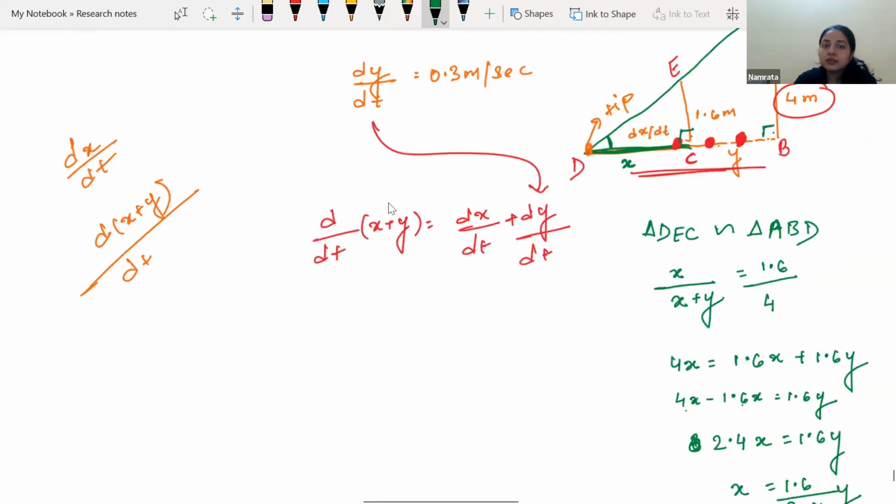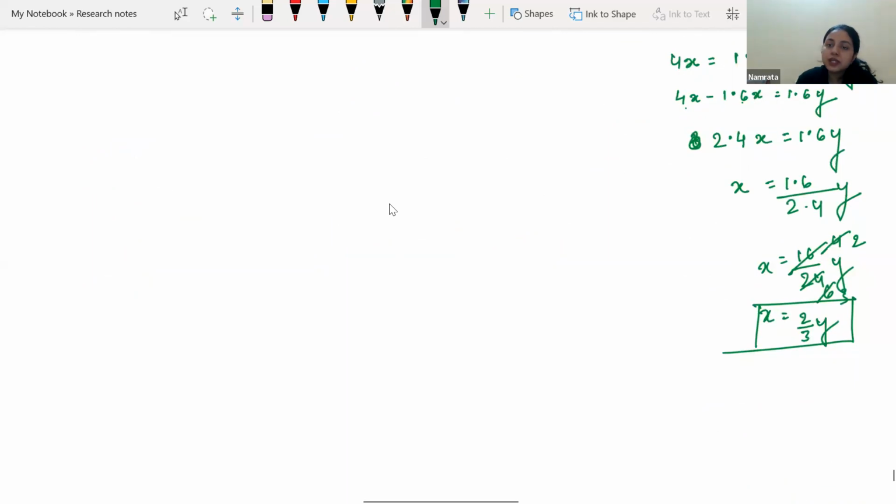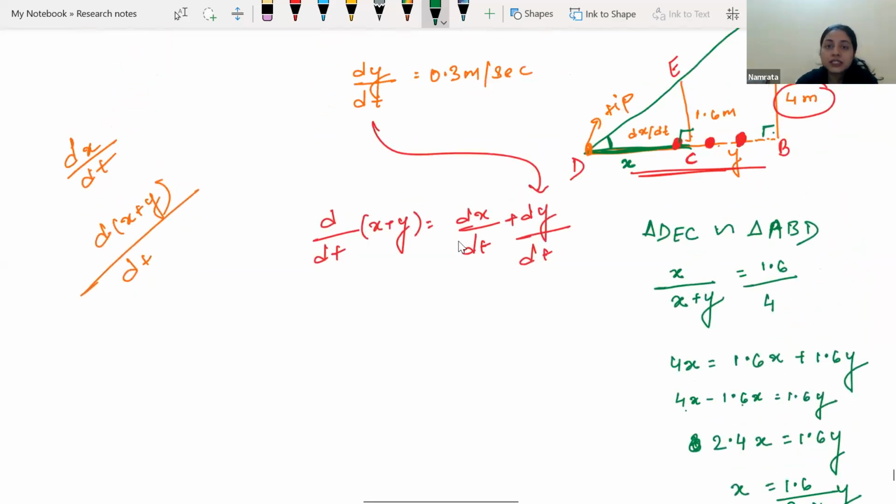We know dy dt, so let's differentiate both sides, because here we need dx dt. If you understand why we started doing all these things, it is because we just need dx dt, and dy dt we already know.